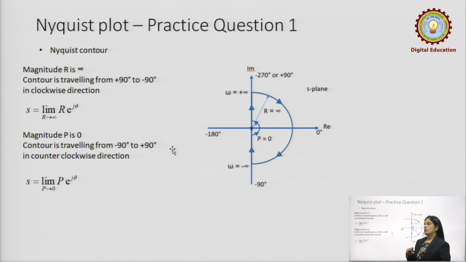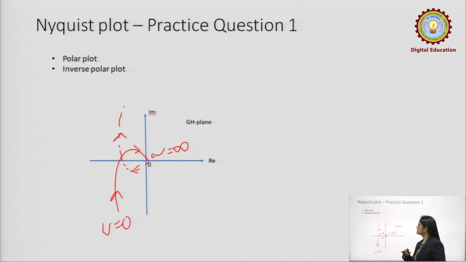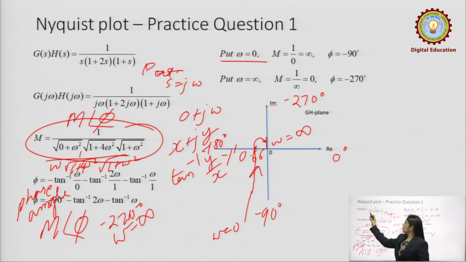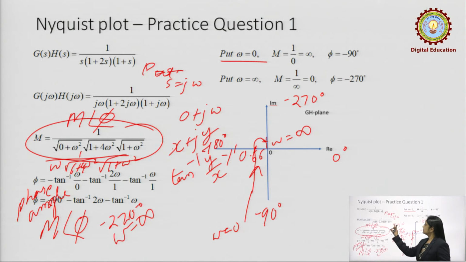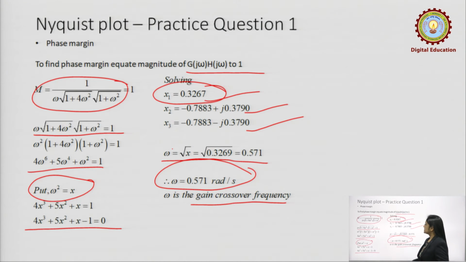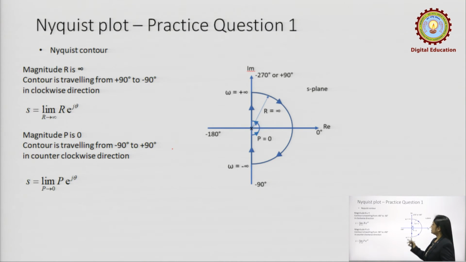Since in this given transfer function we have one pole at the origin, the contour has to be indented at the origin, and there are no poles on the j omega axis. So, we need to consider the contour which is indented at the origin.